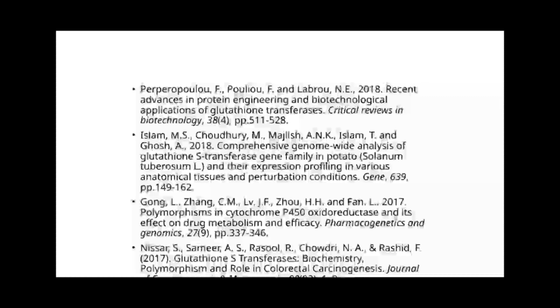Moving on, Islam et al., also in 2018, conducted a comprehensive genome-wide analysis of the glutathione S-transferase gene family in potatoes. They examined how these genes are expressed in different tissues and under various conditions, which helps us understand their roles in plant stress responses and overall health.